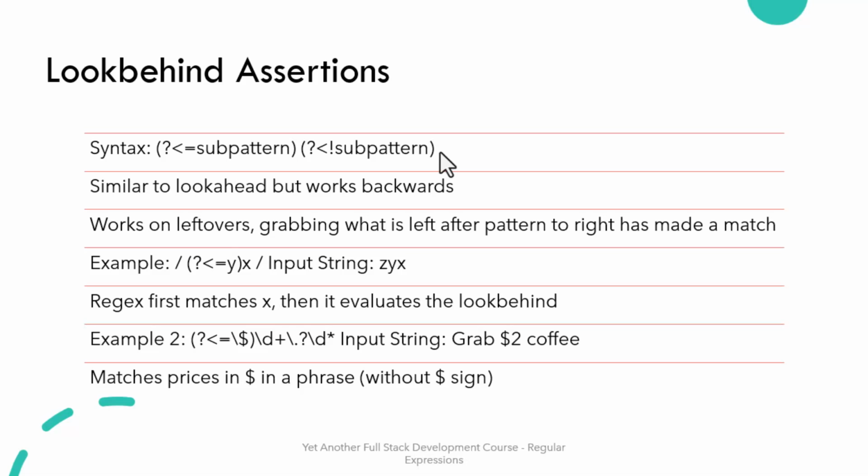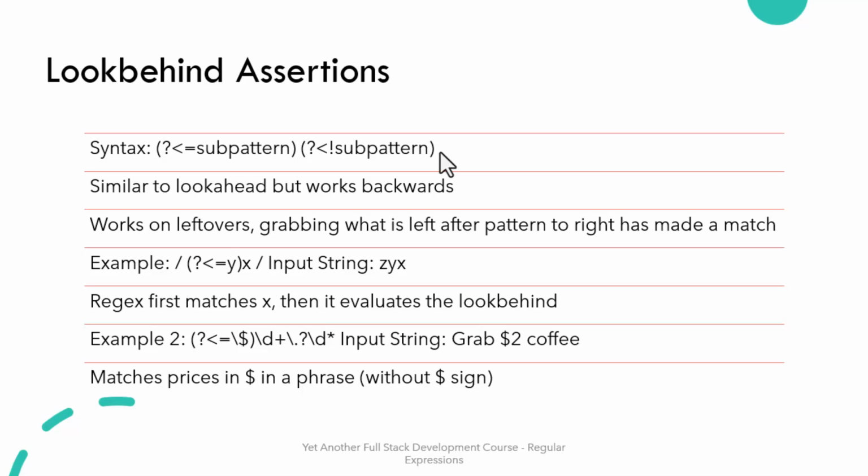So look behind is similar to look ahead, but with a difference that it works on the opposite side and after the matcher has done its job on the expression to its right. So unlike look ahead, which greedily captured maximum characters from the input string that matched its pattern, look behind works on leftovers, grabbing what is left after the pattern to its right has made a match.